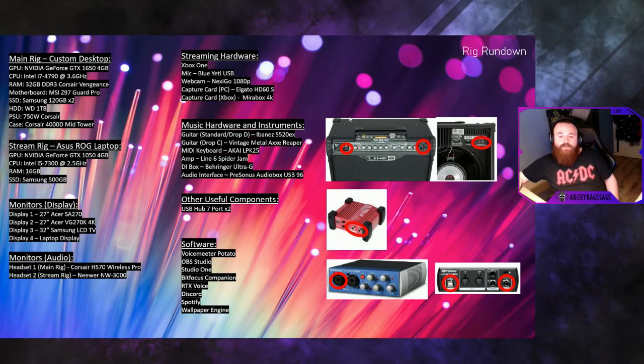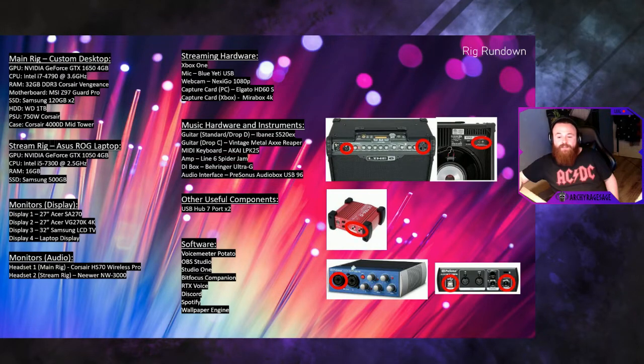So my amp here, guitar goes into here, and then my headphones go into here, and then this is an RCA output which goes into my DI box, which goes into the input here, and then the output then goes from here into my audio interface, which is plugged by USB into a computer, and then this is the headphone output which connects to the Line 6 here.